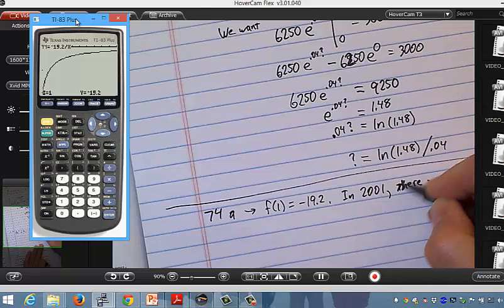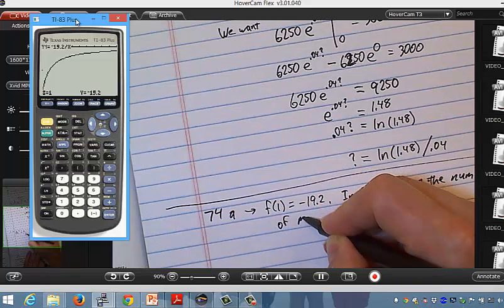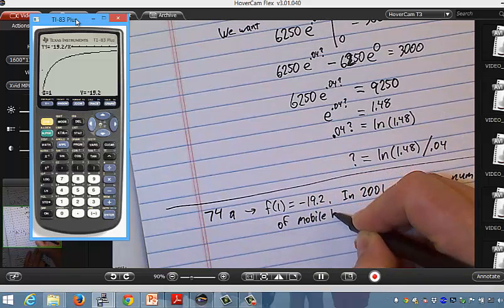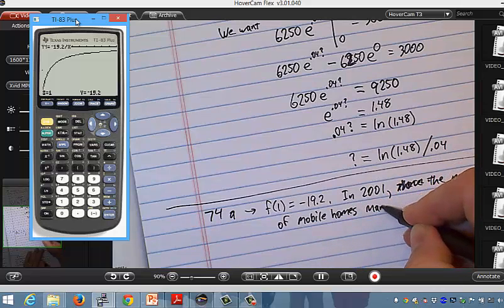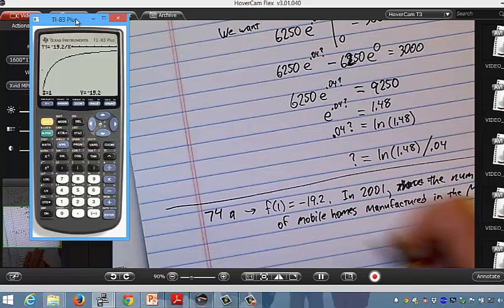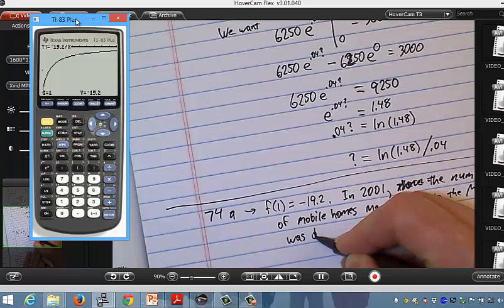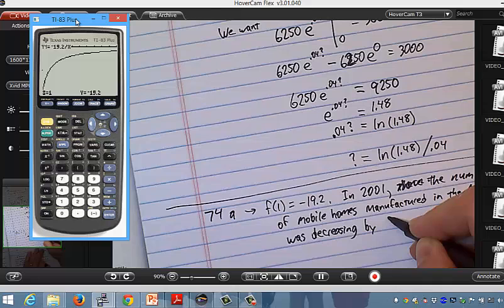So maybe I'll say the number of mobile homes manufactured in the Midwest was decreasing by 19,200 per year.